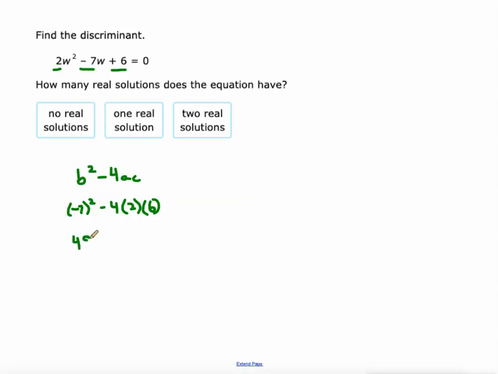So that's 49 minus 48. I'm sorry, 8 times 6 is 48, not 72. Which is 1. And since 1 is positive, it has two square roots, 1 and negative 1. That means two solutions. Two real solutions to this equation.